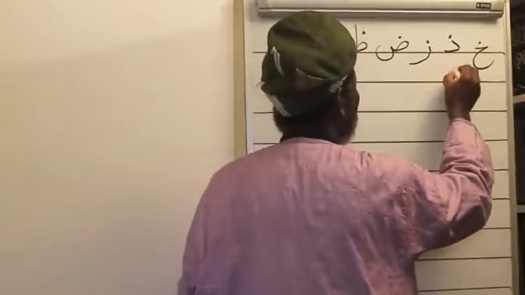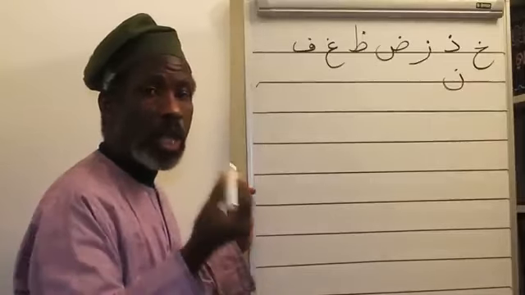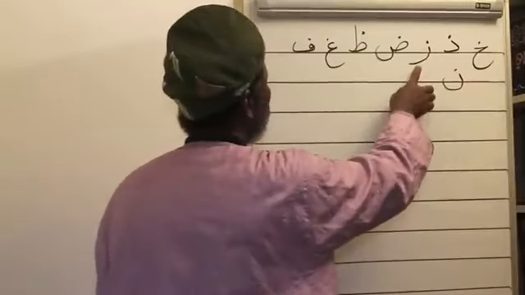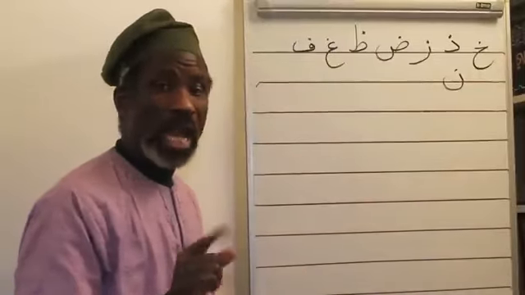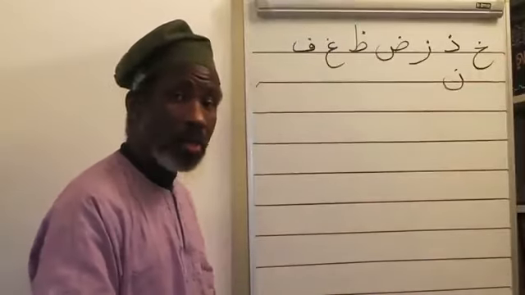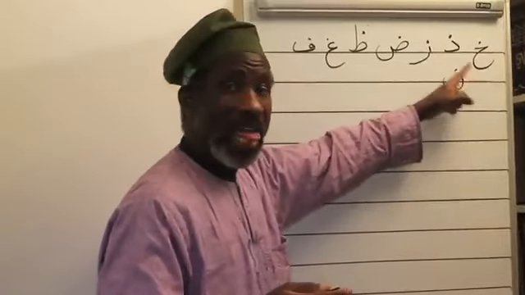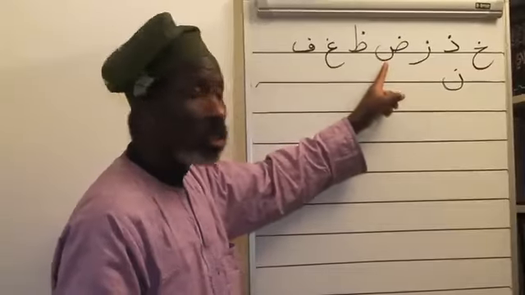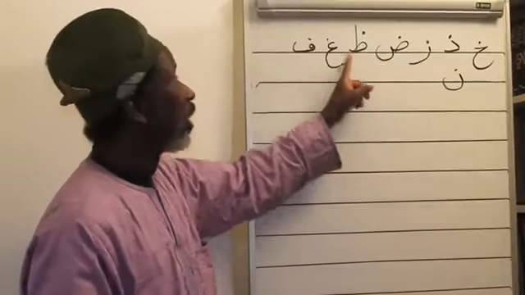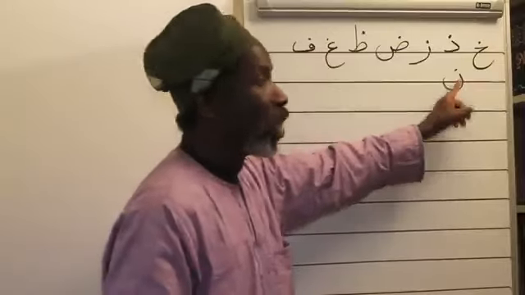It's one dot. Noon, ha, waw, ya. So we have 8 letters with one dot above. And they are, read with me please: kha, dhal, zain, dad, dha, ghain, fa, noon.